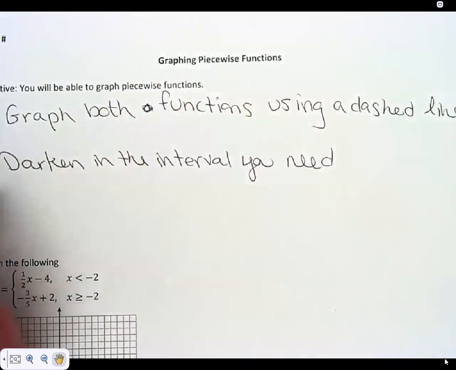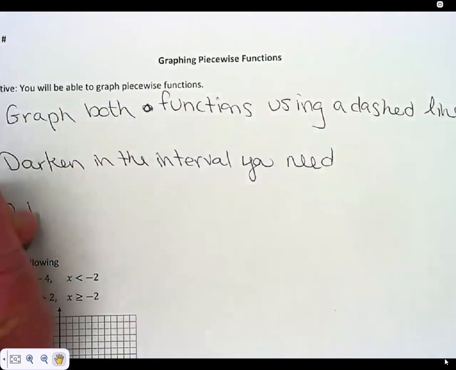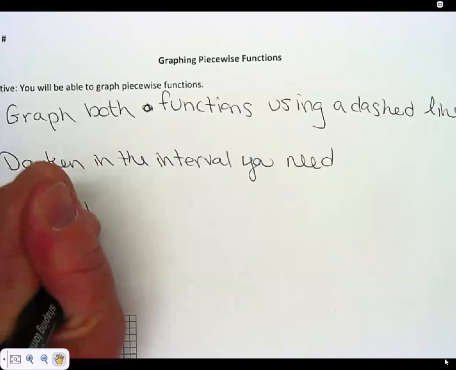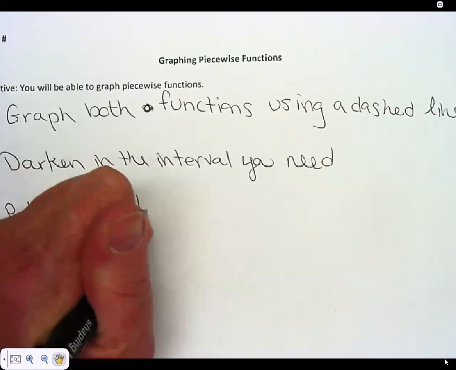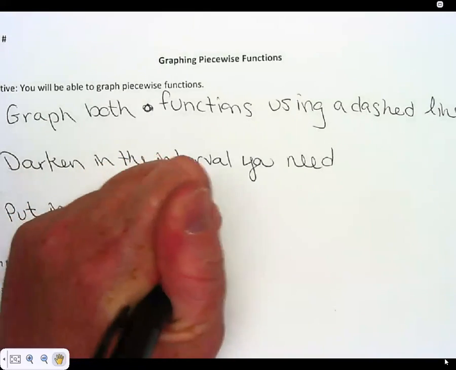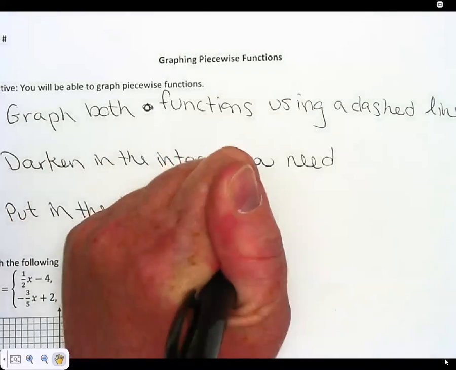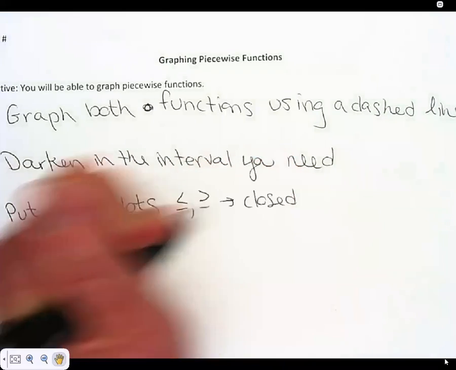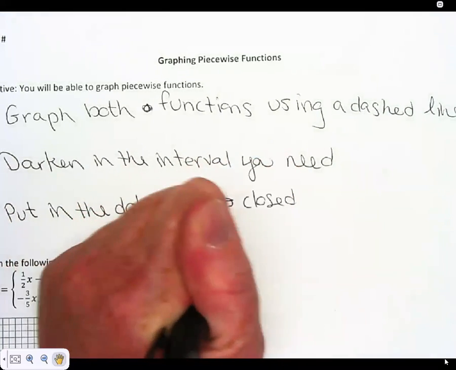Then you put in the end dots. If it is less than or equal to or greater than or equal to, it's closed. Strictly less than or strictly greater than, you're going to be open.